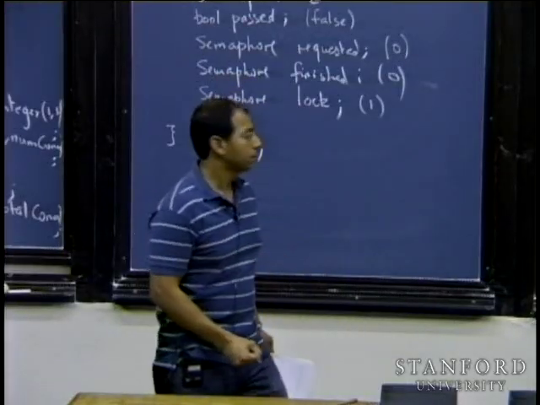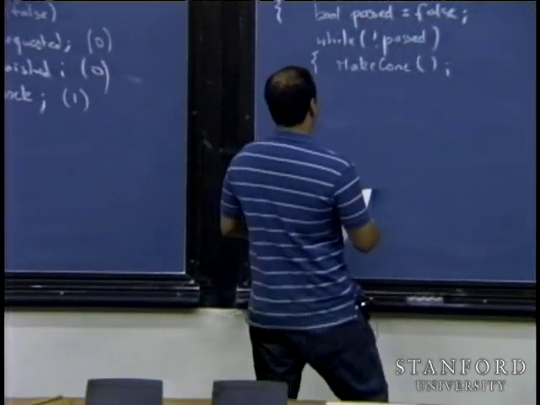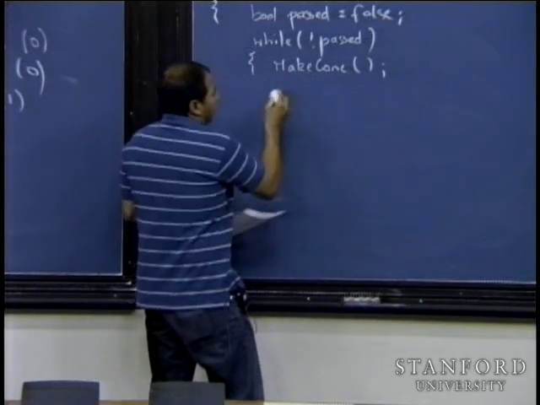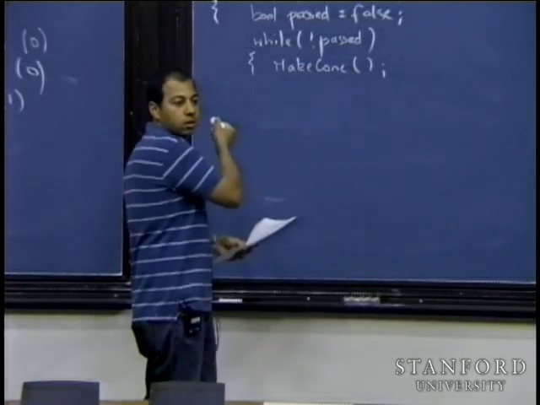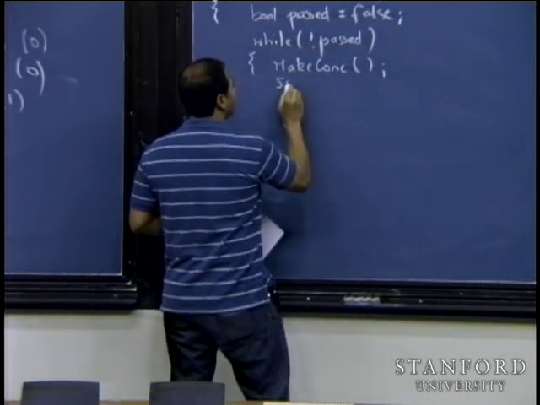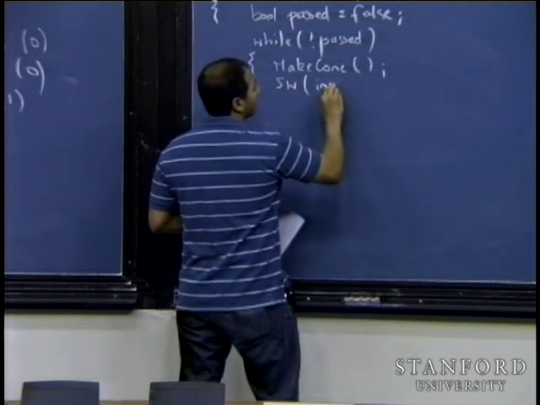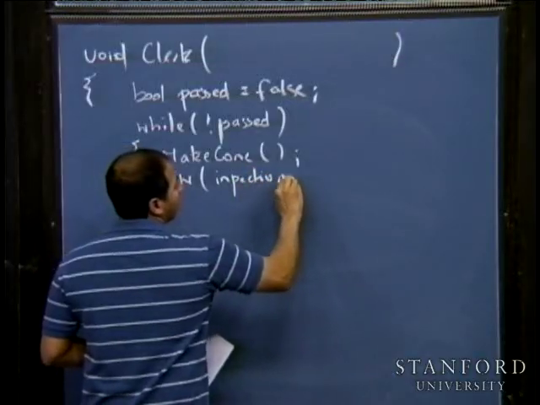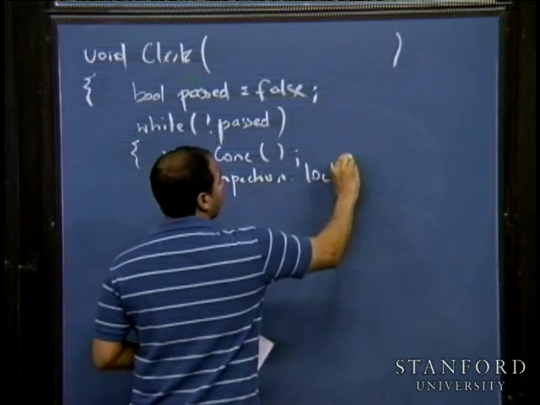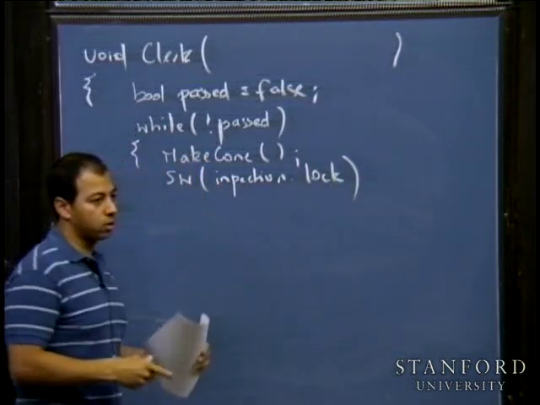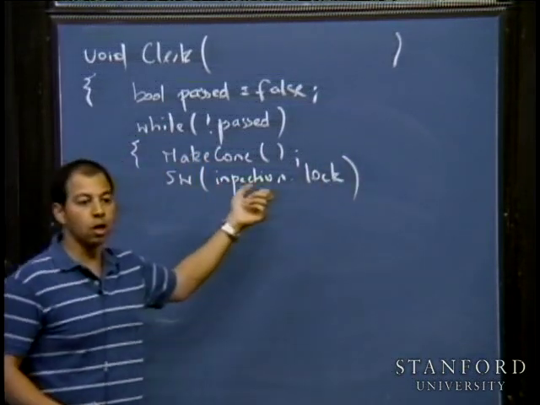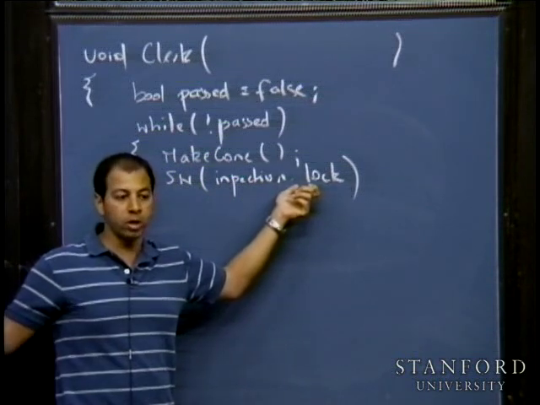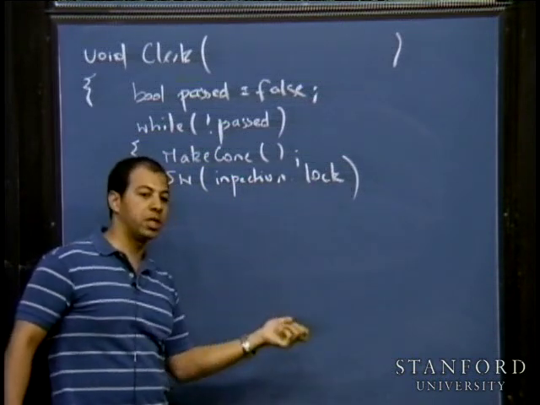Okay? All right, so the first thing that you want to do basically is to acquire this lock, right? So you want a semaphore wait on inspection.lock. And again, there are 2 scenarios. First of all is that lock is still 1 because nobody did the wait before, in which case you'll be able to proceed.